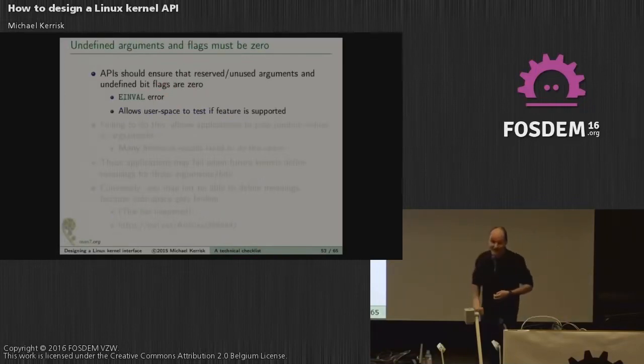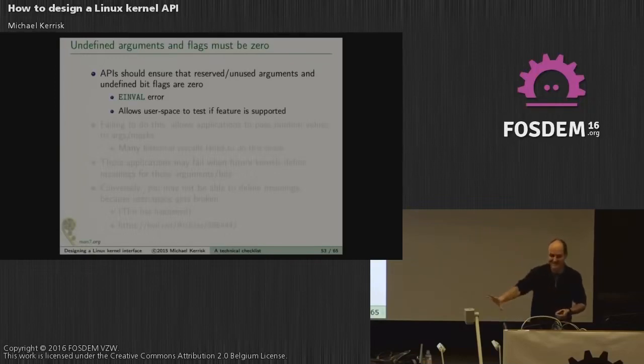Of course, if you have this flags argument, then you want to make sure that all the unused bits are zeros, because if you don't check that there are zero bits there, then if some crazy user puts random bits in those arguments, later on when you try to make use of those bits in a future version of the kernel, suddenly those old applications do strange new things. And Linus doesn't say, oh, that application's broken.